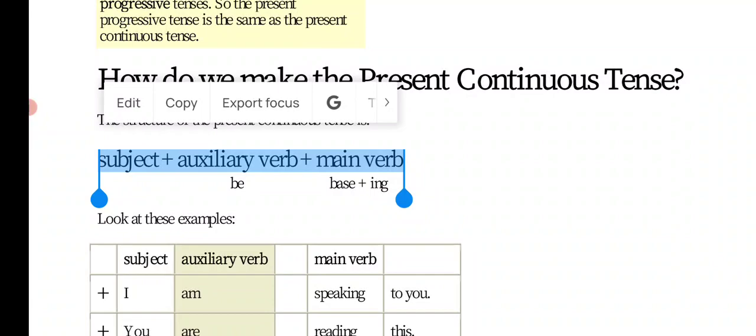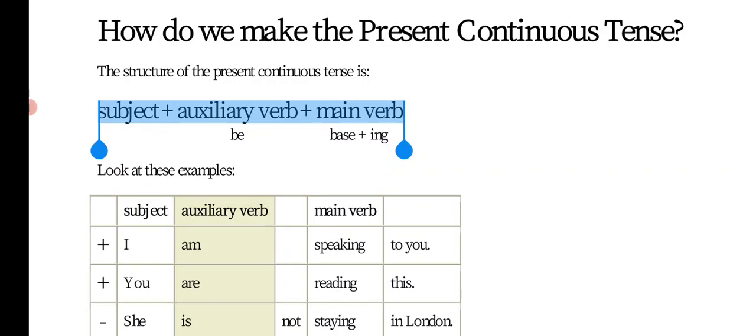But the simple definition of present continuous tense, how you are supposed to identify it: an action which continues at the time of speaking. So subject plus, and always remember, in present continuous tense we always use the ing form with the main verb.